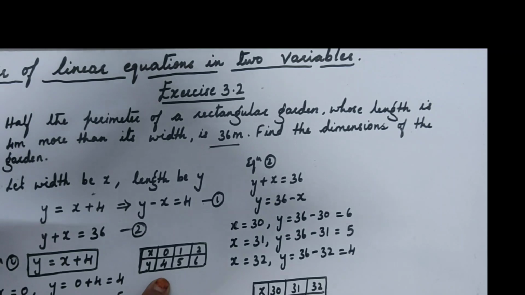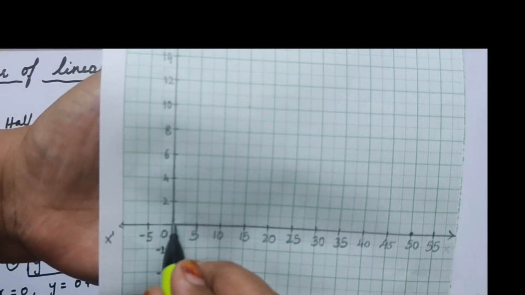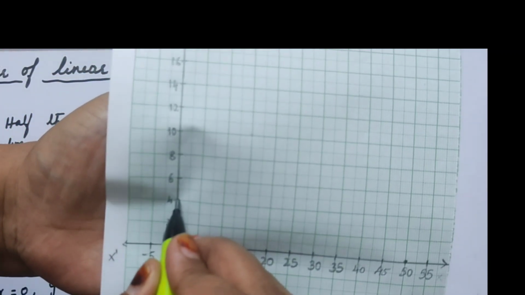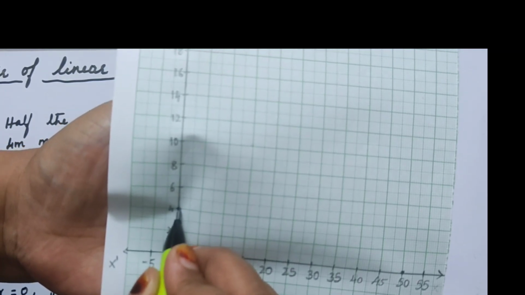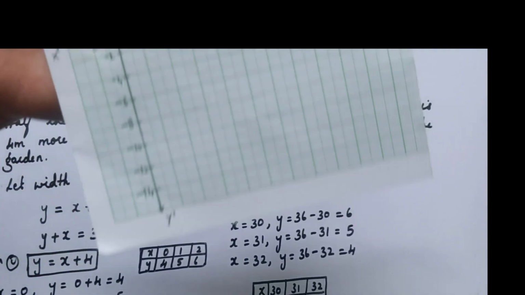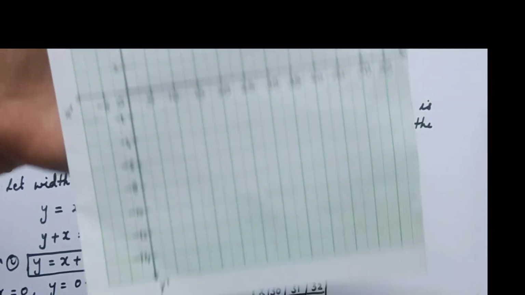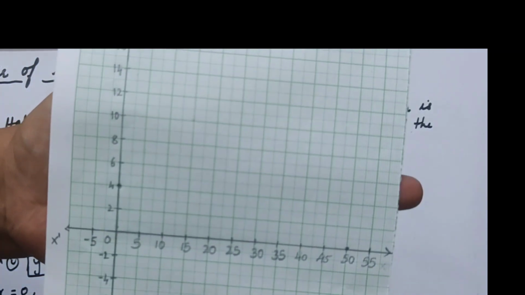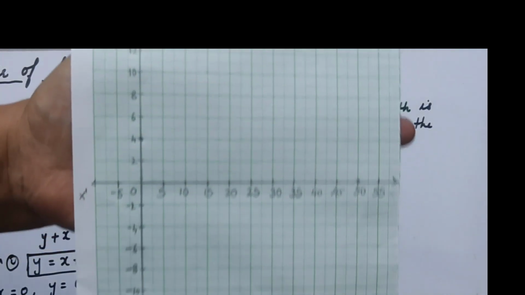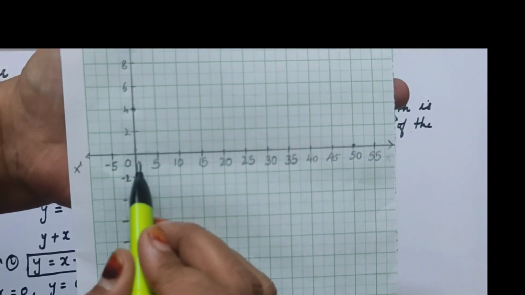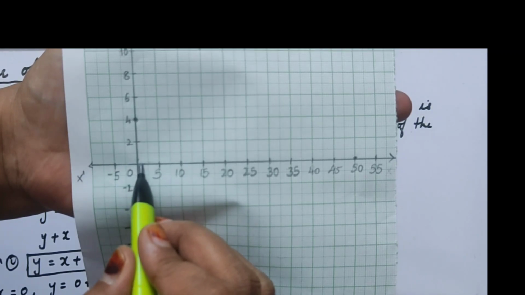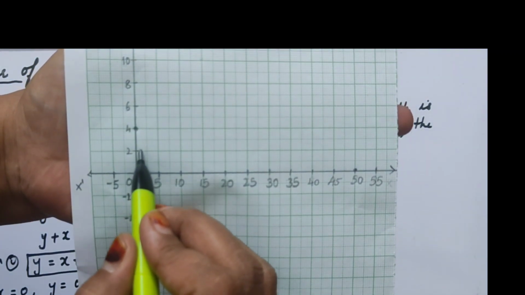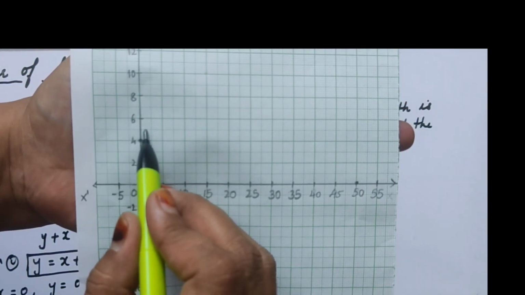I've got 0, 4. 0 is on the x-axis, 4 is on the y-axis. Okay. Now next is 1, 5. As you can see 2 divisions equal to 1. Okay, here 1, 5, 1 is 2 divisions, and 5 is here.